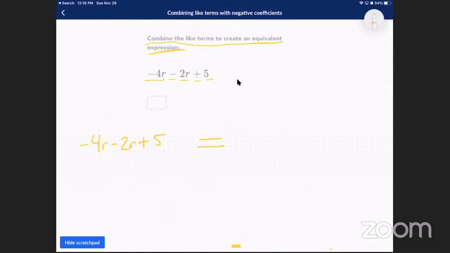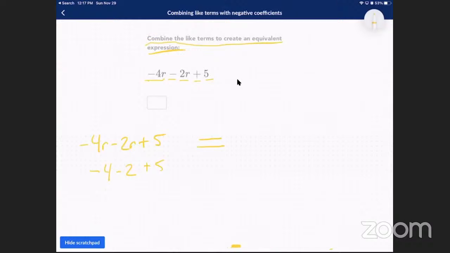So one way to do that would be negative 4r minus 2r plus 5. So this is basically saying negative 4 minus 2 plus 5. This is a really good question.